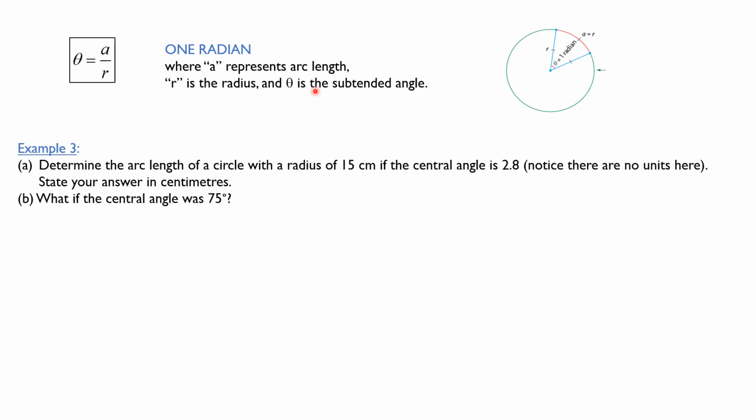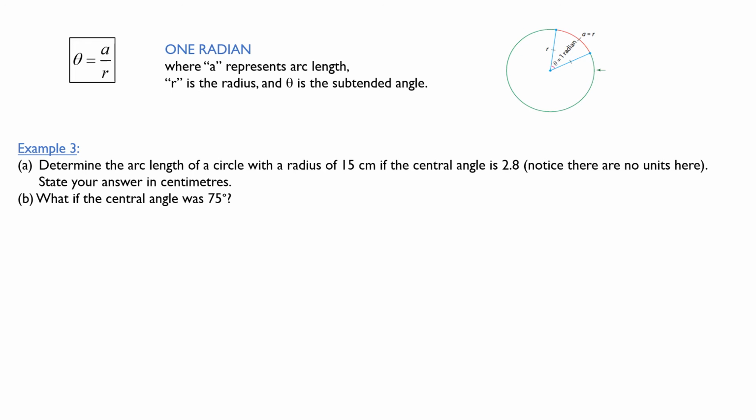A word problem. Determine the arc length of a circle with a radius of 15 if the central angle is 2.8. Notice there are no units here. So let's get a little idea of what we're talking about, and we're going to put our answer in centimeters. Let me just draw a little circle here.